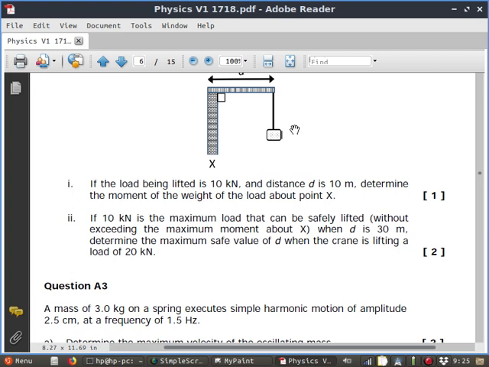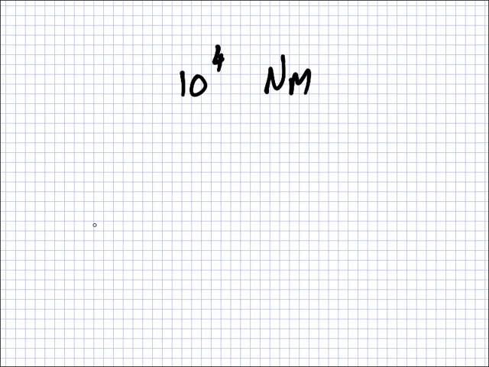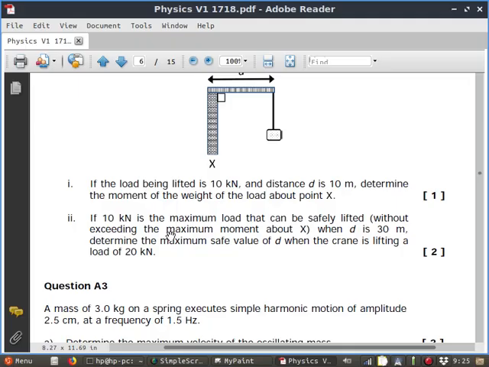Hang on. They're saying that 10,000 at 30 meters is the safe limit. What is the D if the weight is 20,000?